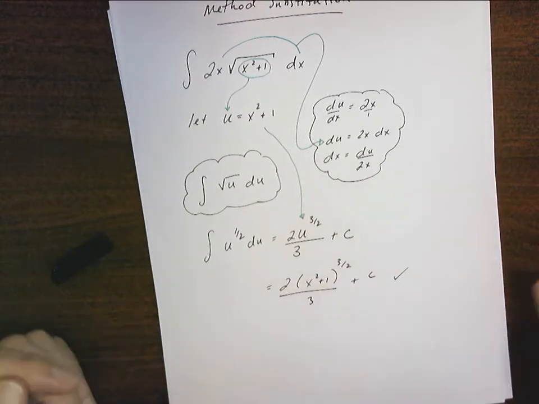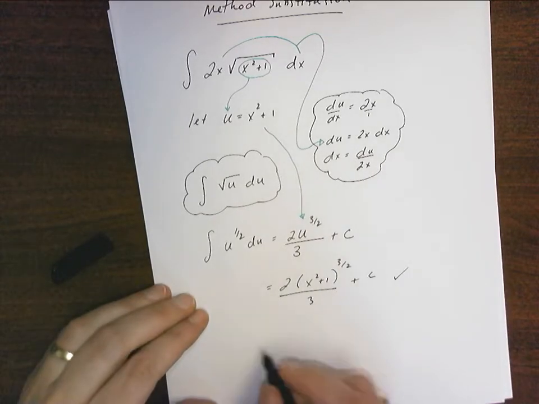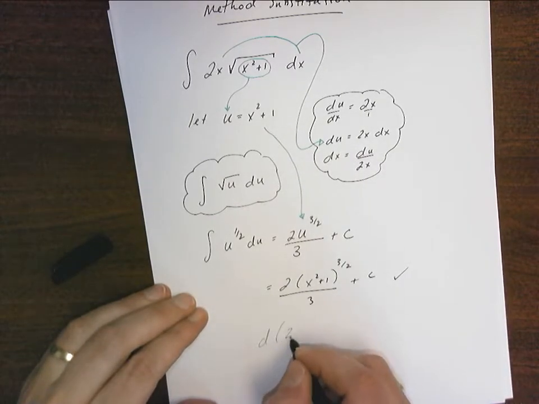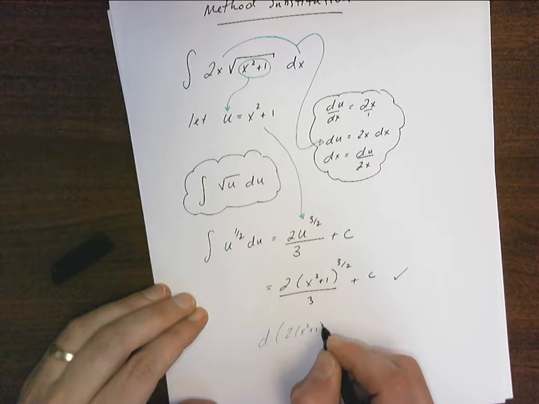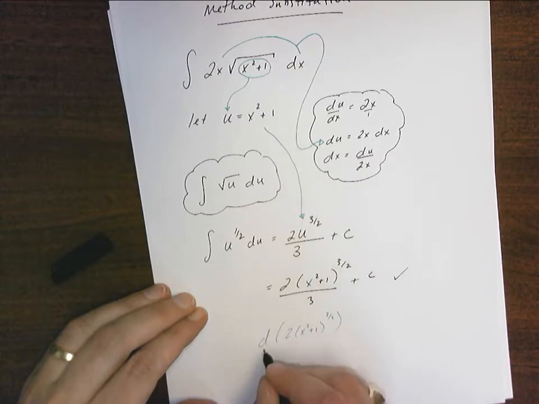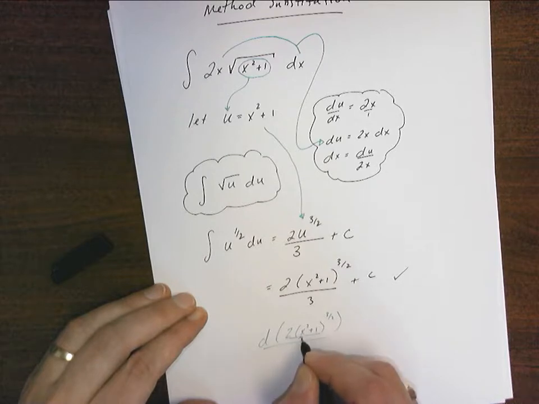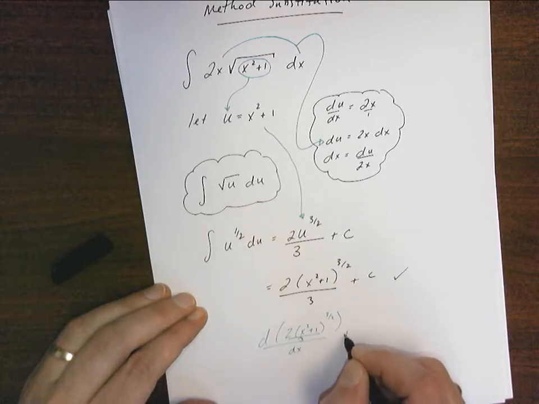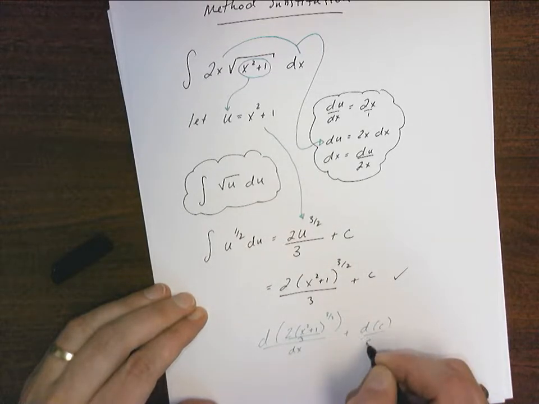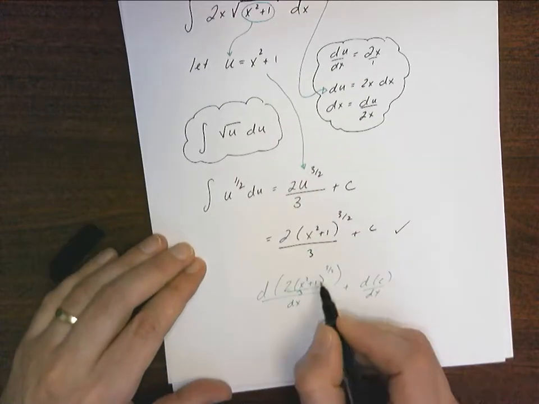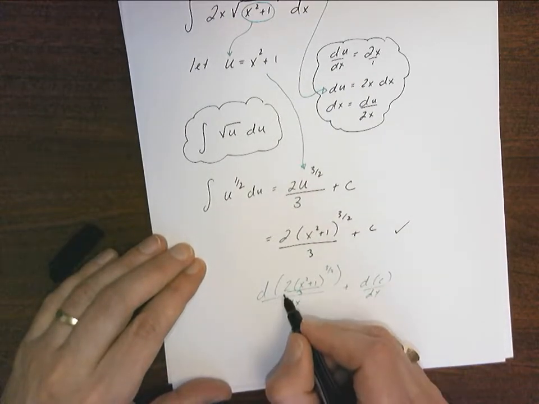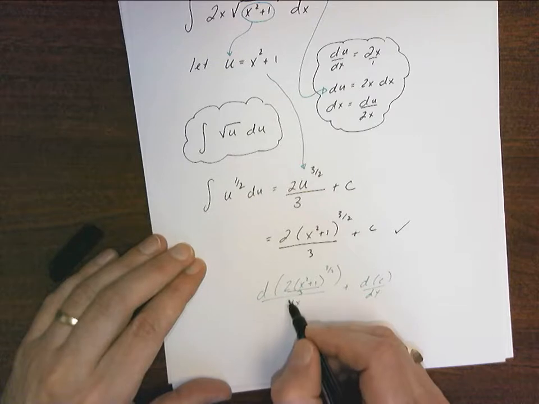So if you want to check it, what you do is you take the derivative of this. So the derivative of 2 times x squared plus 1 to the 3 over 2, all over 3, dx, plus the derivative of a constant, which is going to be 0. In this derivative, the 3 over 2 comes down, so the 3 and the 3 reduce, the 2 and the 2 reduce.